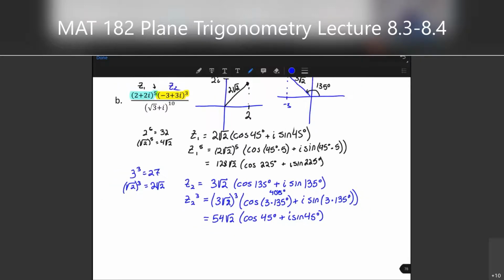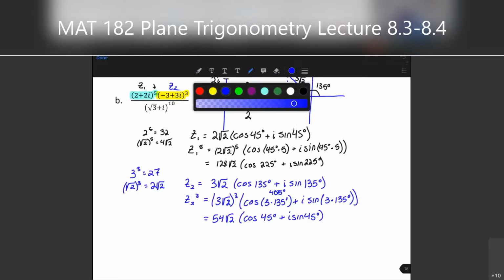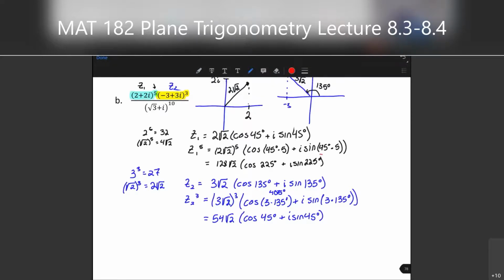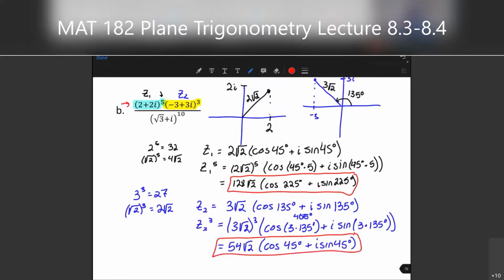As we go through this, I think we could probably do one more step here, and I'll use another color. We do want to take the product of these 2 items. That's part of our problem: I want to take the product of z1 to the 5th and z2 to the 3rd. Those 2 things are what's playing in my numerator here.